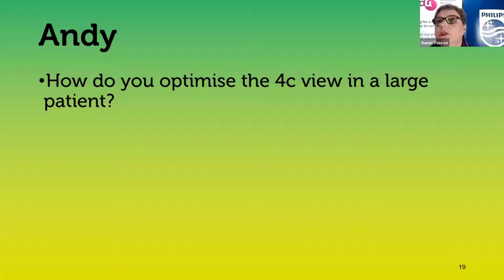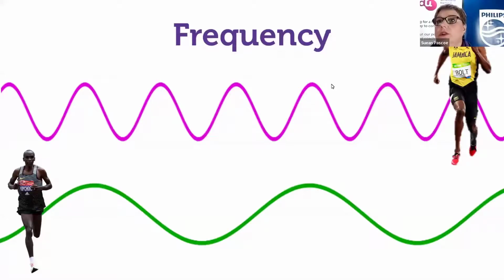If you think about high frequency, you get really nice resolution near the surface, but only 6 to 10 centimetres into the patient. They're like your sprint runners. Whereas your lower frequency probes, in particular for heart because of the small footprint that can fit between the ribs, are 1 to 5 megahertz.